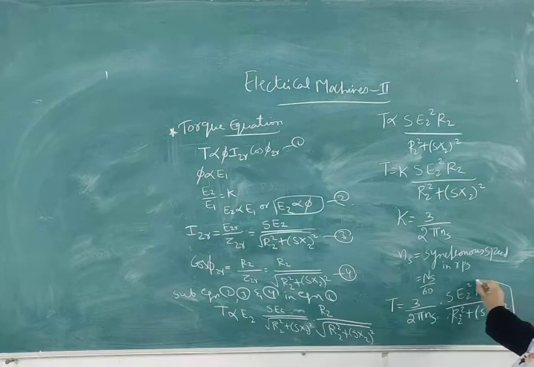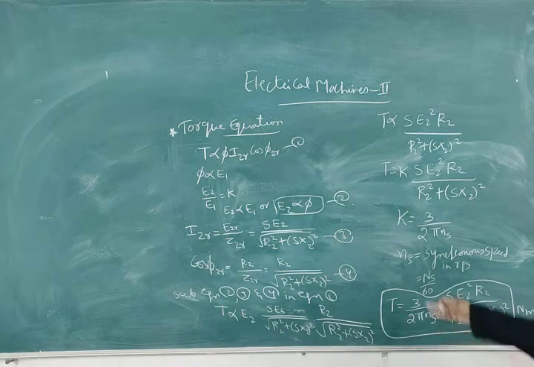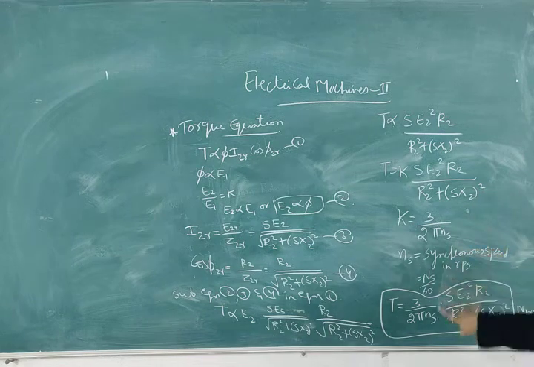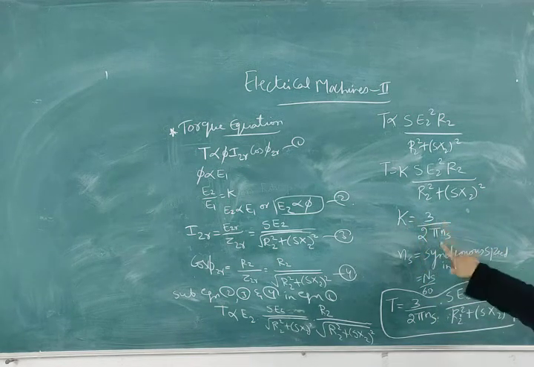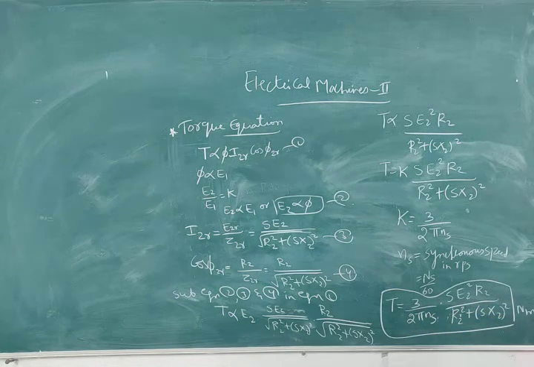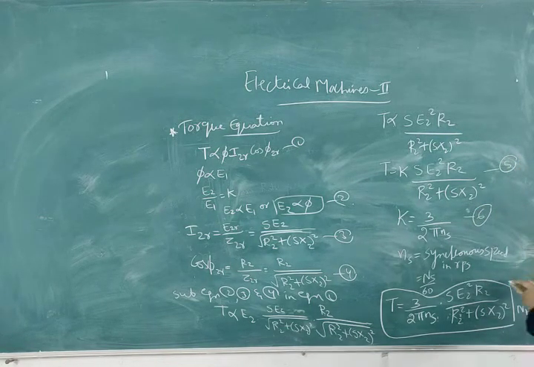The unit of torque is Newton meter. So this is the torque equation we got. We can write it as T is equal to K SE2 square R2 by R2 square plus SX2 whole square, or by substituting K as 3 by 2 pi ns, T is equal to 3 by 2 pi ns times SE2 square R2 by R2 square plus SX2 whole square.